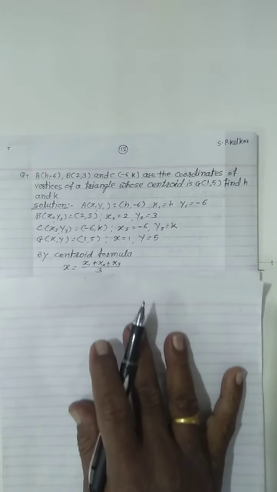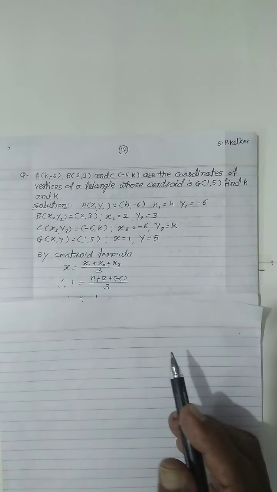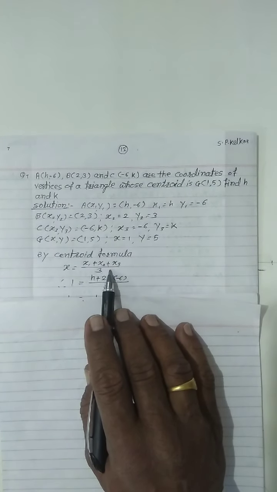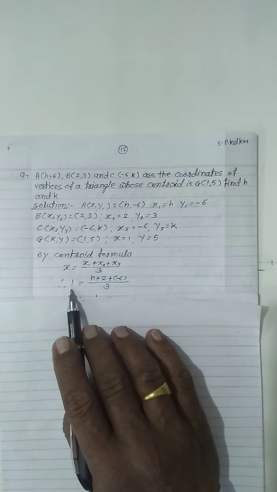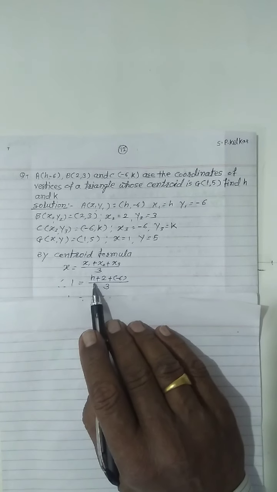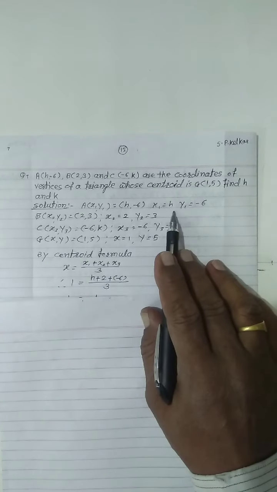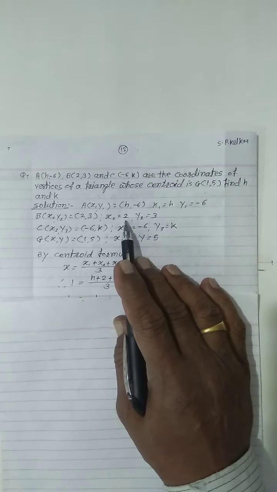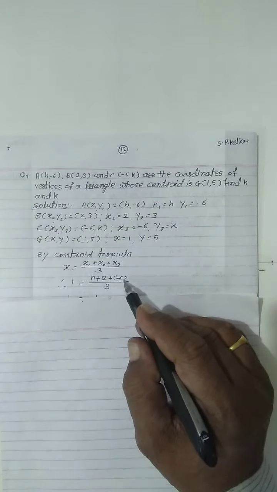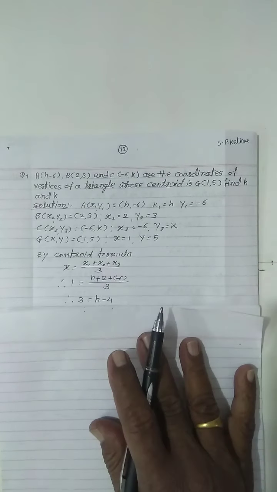Then we write down the centroid formula: x equal to (x1 plus x2 plus x3) divided by 3. Put the value of x is 1, then x1 is h, x2 is 2, x3 is -6, in bracket, divided by 3.